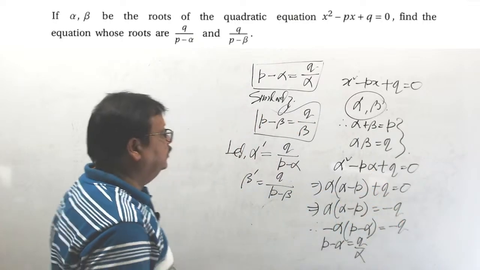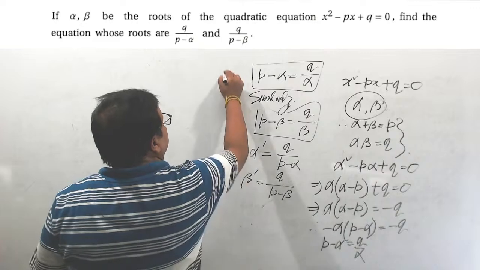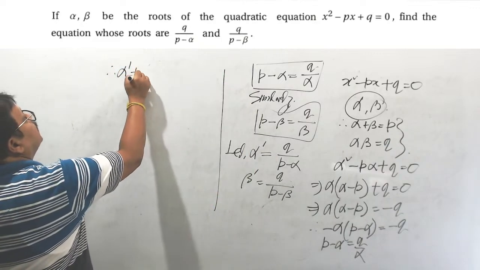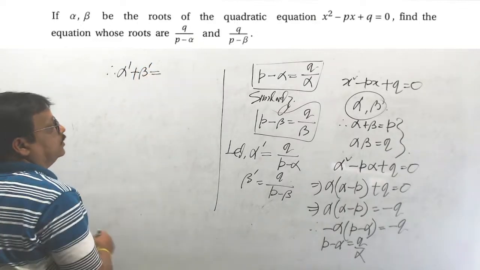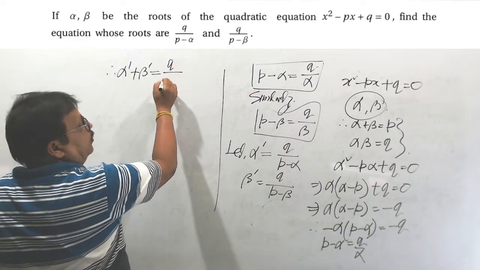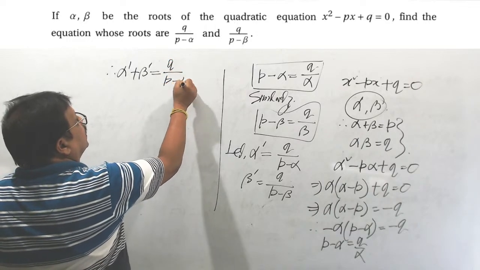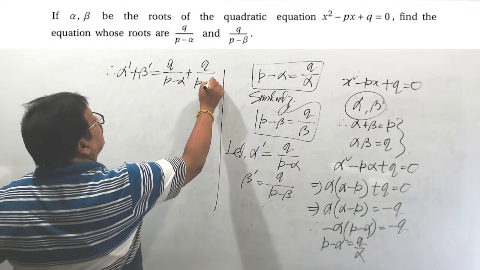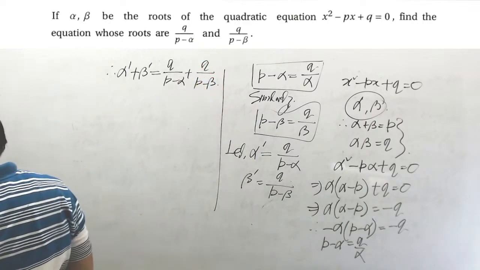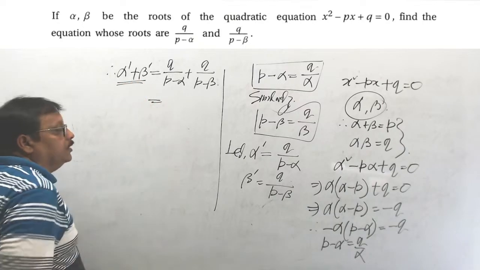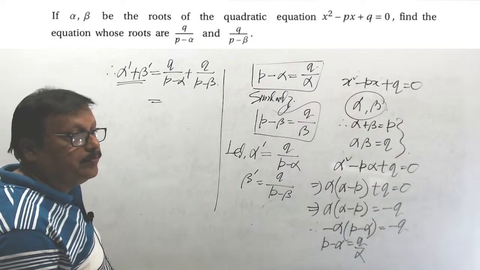Now, sum of the roots and product of the roots. Therefore, alpha dash plus beta dash equal to what? This plus this, q by p minus alpha plus q by p minus beta. Understood? First sum of the roots, then we will find product of the roots.